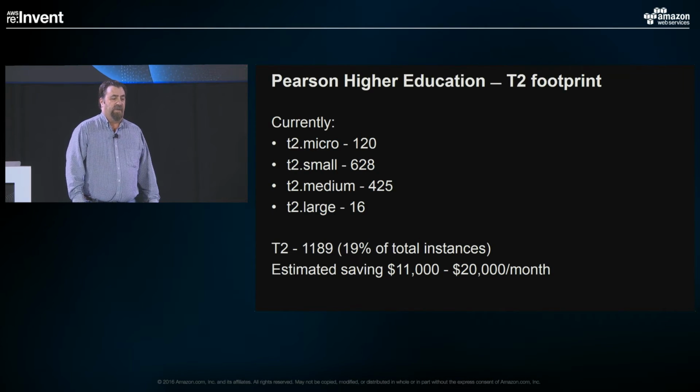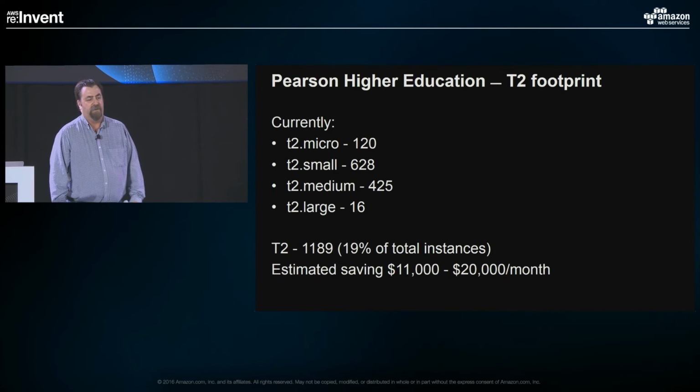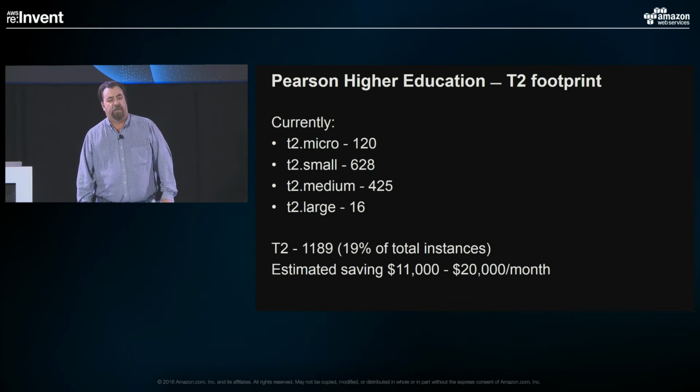At Pearson, we have what we call back to school time periods. We've got students taking tests, students reading books, professors putting coursework out there, real high utilization time, especially on some of the applications.